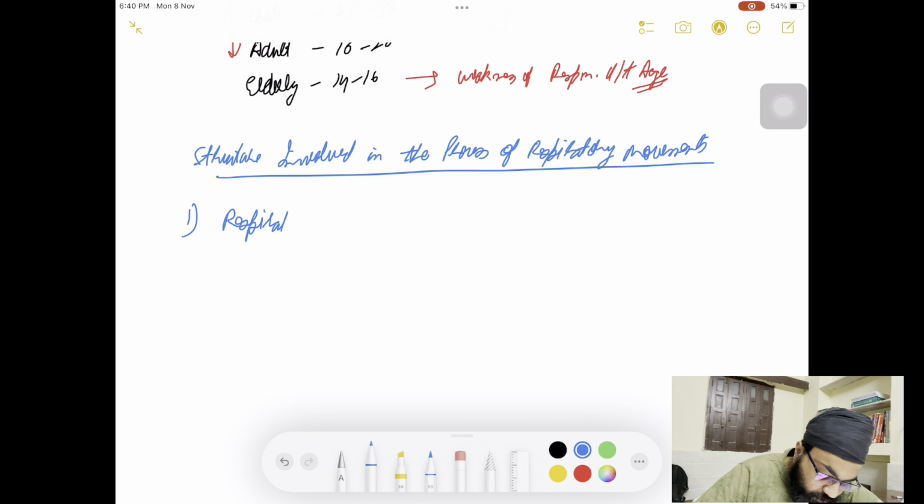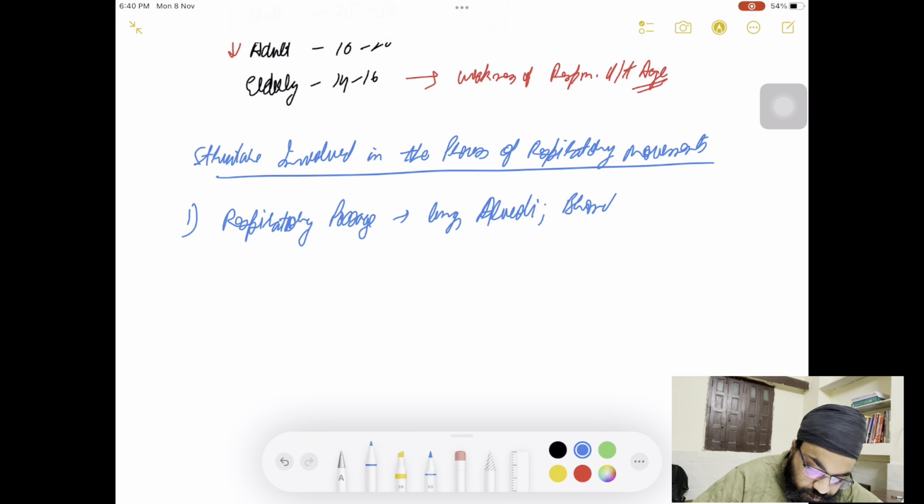First one being the respiratory passage, which is actually your lungs, alveoli, bronchi, etc. The second one is your chest wall with diaphragm.